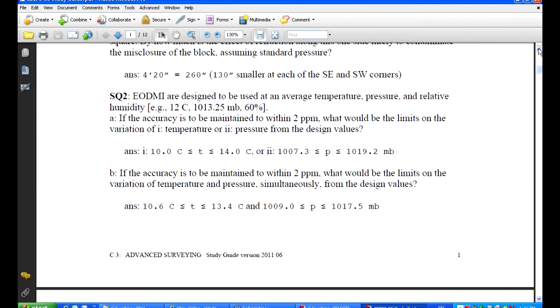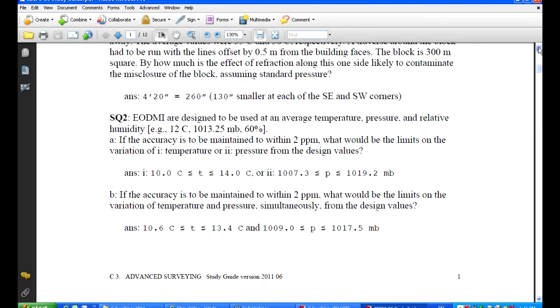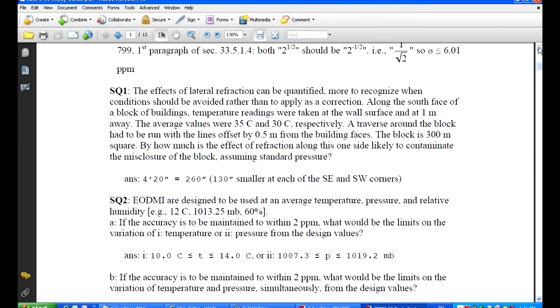Now, I can distinguish between answers and solutions. Some of these study guide questions are from older examinations, and possibly just give the actual answer, what the number should be. For instance, in study guide question 1, there's just the answer. There's no explanation other than saying 130 seconds smaller at each corner as to how to calculate it.